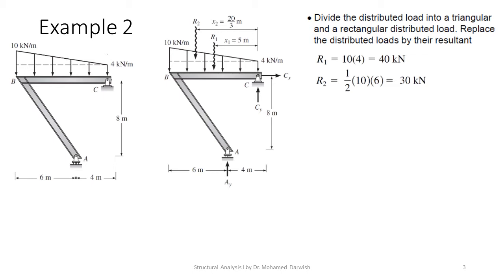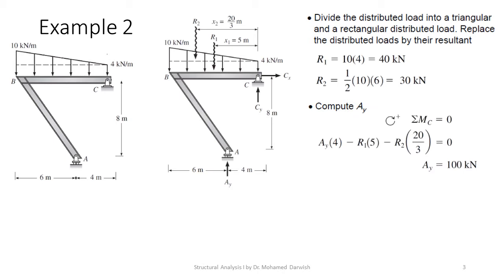So R1, which is the equivalent force of the rectangle acting at the middle of the rectangle, is 10 times 4, which is 40 kN, while R2 is half of the area of the triangle acting at 2/3 of the triangle from the vertex. So half of the area of the triangle is half times 10, which is the distance, times 6, which is the difference between the 10 and the 4. So this is 30 kN.